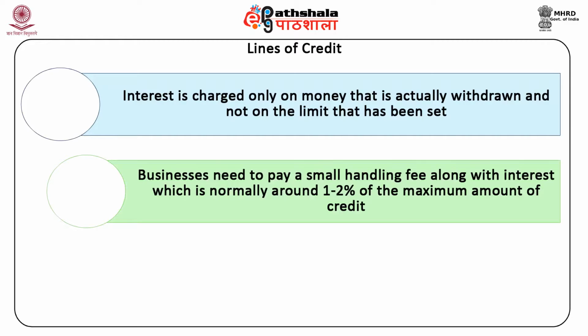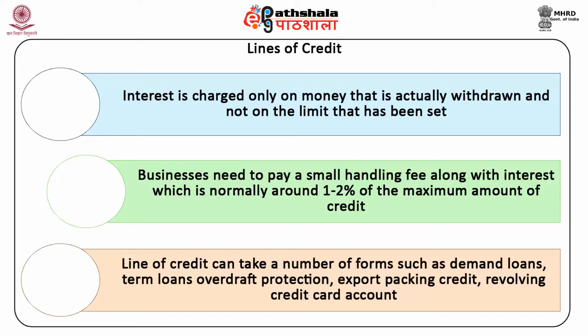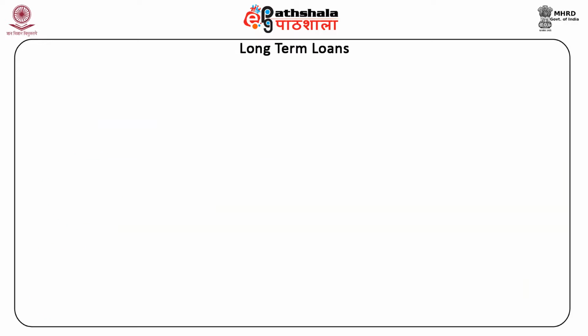However, businesses need to pay a small handling fee along with interest, which is normally around 1 to 2% of the maximum amount of credit. A line of credit can take a number of forms such as demand loans, term loans, overdraft protection, export packing credit, revolving credit card account, etc.